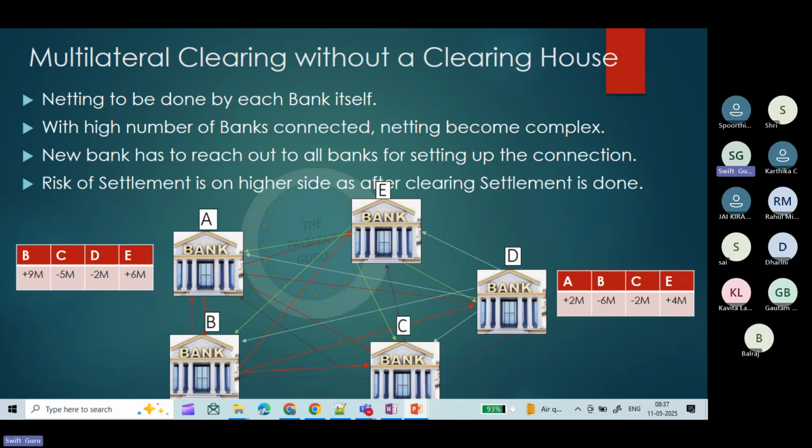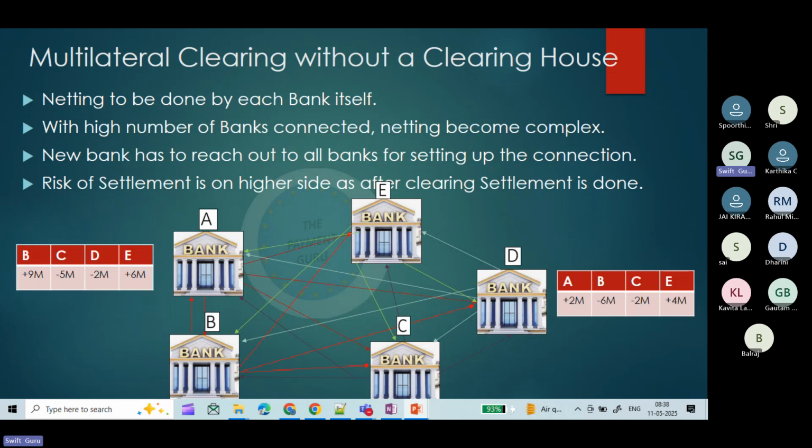USD is one of the high valued currencies, most usable for international trade as well. But small banks might not open multiple nostro accounts in different banks in the United States. They might have only one relationship with one bank, and in that case, they can do the bilateral clearing.